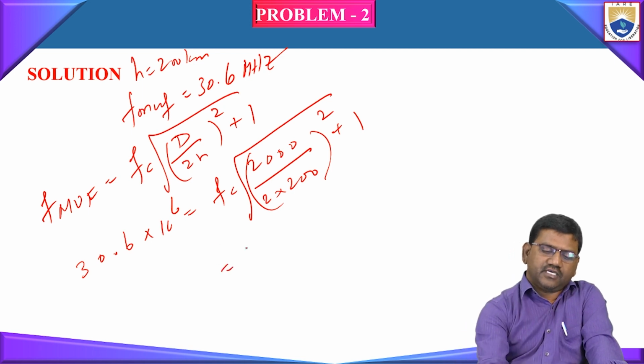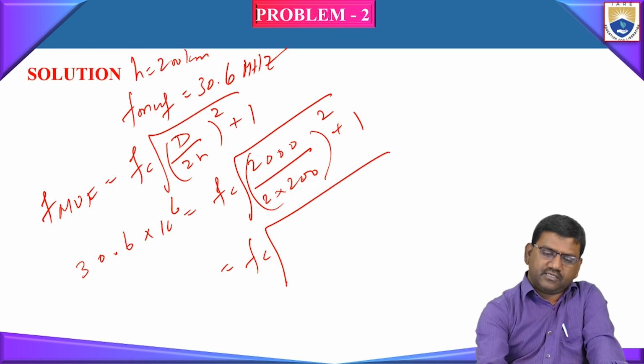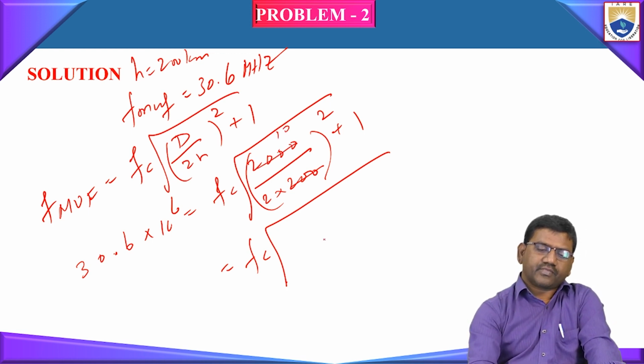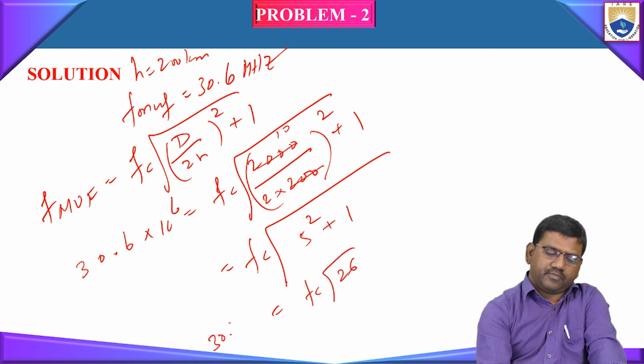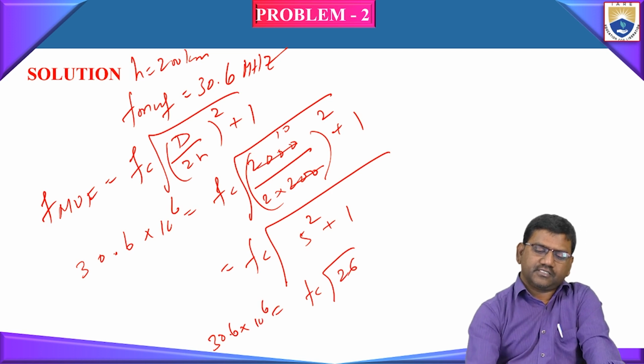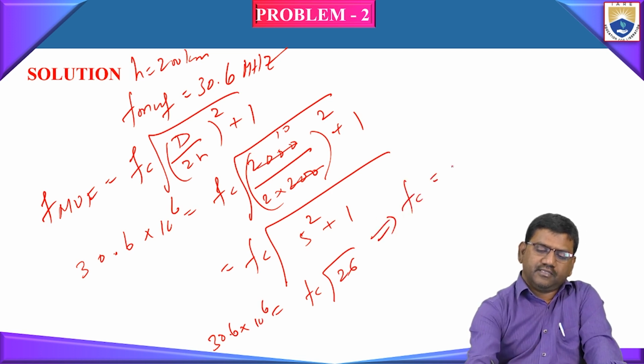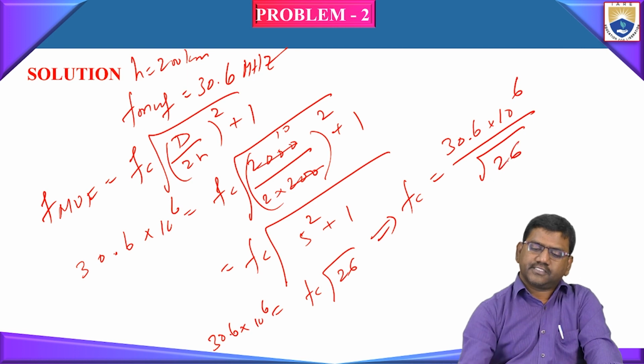If you simplify this, you will get Fc into square root of, 2000 by 400 is 5, so 5 square plus 1. So this is equal to Fc into root 26. So 30.6 into 10 power 6 is equal to Fc into root 26. What does this imply? The critical frequency is equal to 30.6 into 10 power 6 divided by root 26.